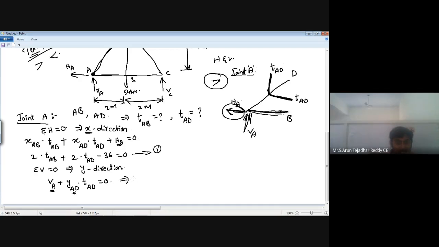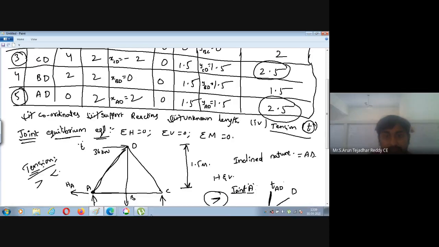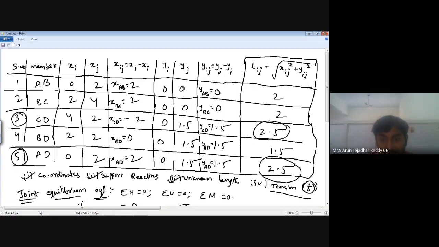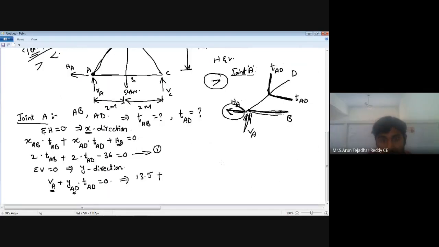Here VA means we got 13.5 kilonewton in support reactions, plus YAD. See here in the y direction, what is the YAD value? 1.5, 1.5 into TAD is equal to 0.